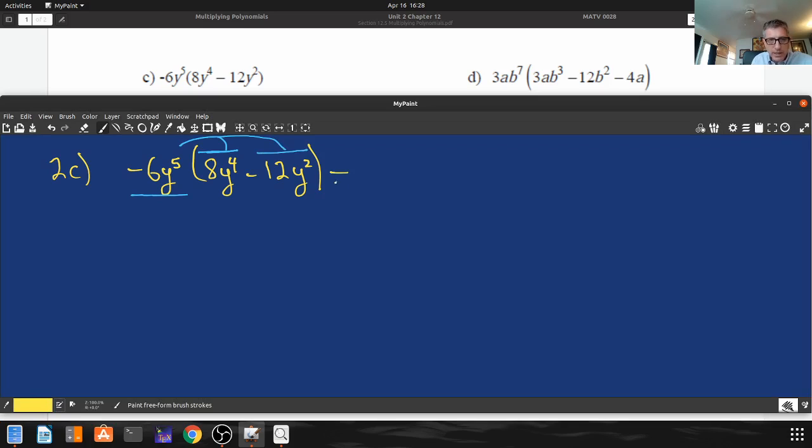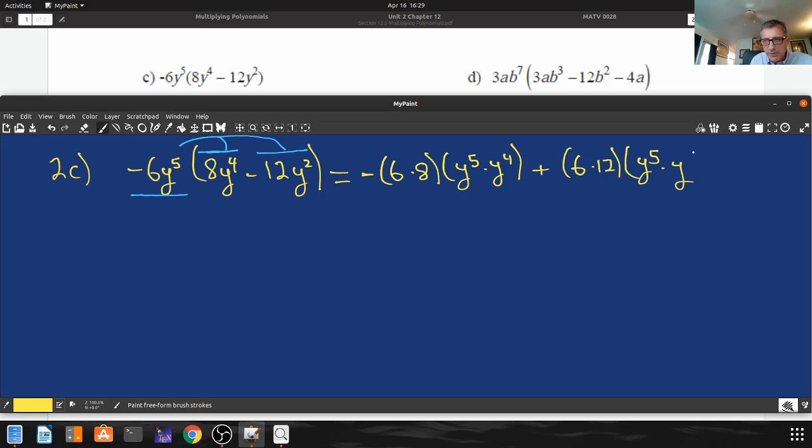So that's going to be equal to minus, coefficients first, 6 times 8, now variable terms, y to the 5th times y to the 4th. Then minus 6, so this is a minus times a minus, so it's going to be a plus, 6 times 12. And now the variable terms, y to the 5th from this outside term, and y squared from this term right here.